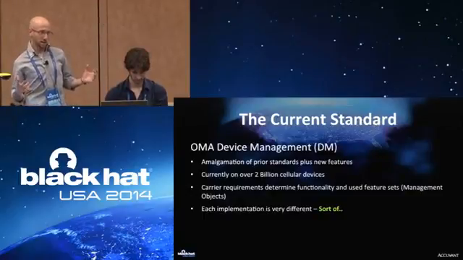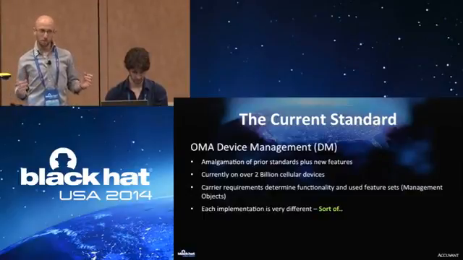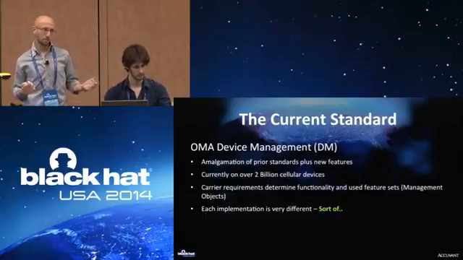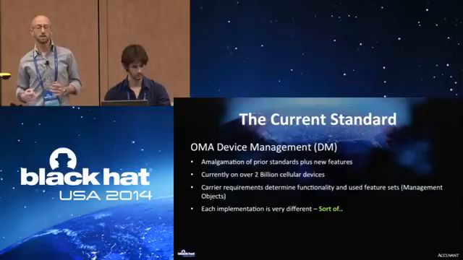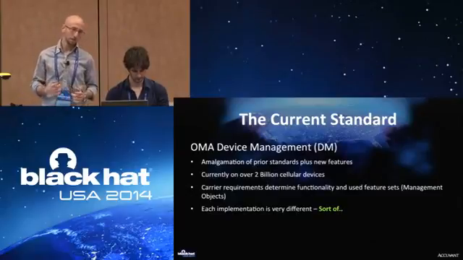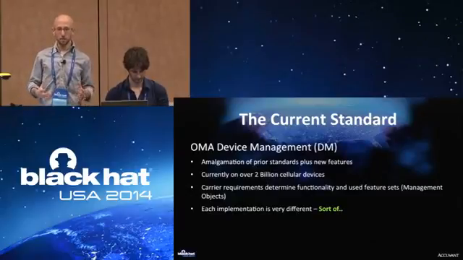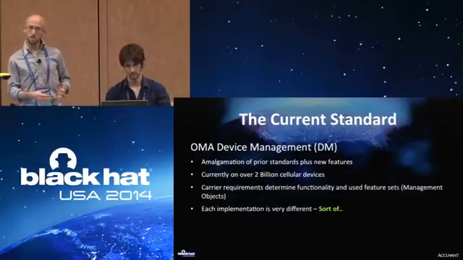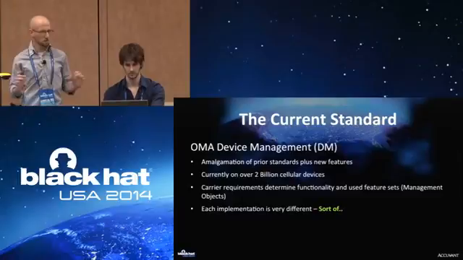It's an interesting client. More or less, the carriers define the requirements of it. If they want it to do X or Y, they give that to the manufacturers. The manufacturers then implement whatever requirements they ask for. Sometimes it's very minor, just real basic stuff.